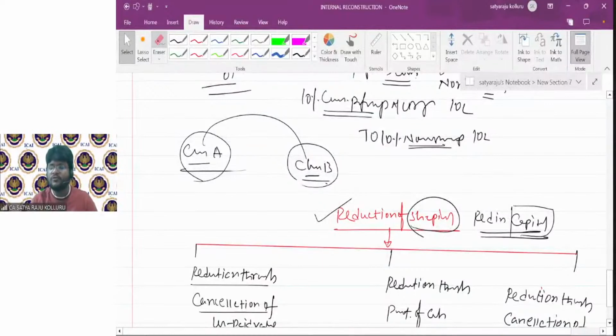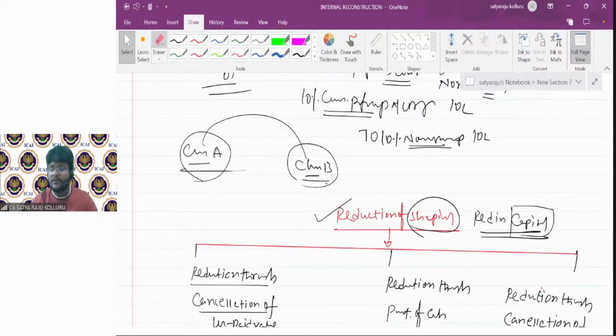In fact, there is no change in the paid up value in those cases. If you increase the authorized share capital, paid up capital doesn't change. If you go for conversion, paid up capital doesn't change. If you go for subdivision or consolidation, again, paid up capital doesn't change.